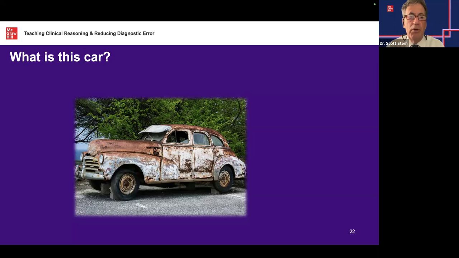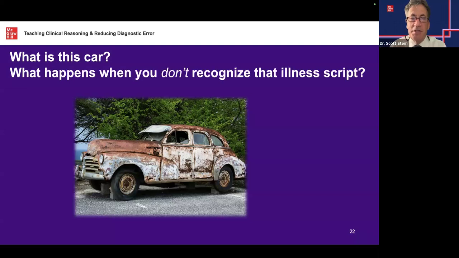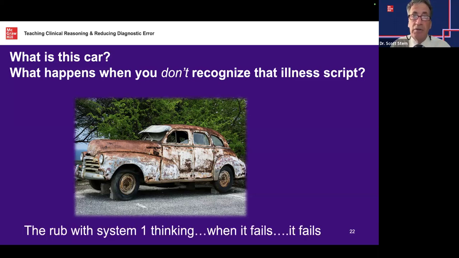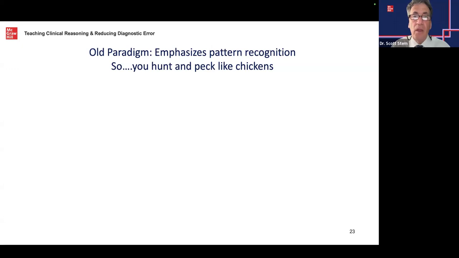Without a system for approaching it, you have no way to know what this car is or to make that diagnosis. So when you don't recognize that illness script, either because you haven't seen that disease before, or more commonly because the disease is presenting differently than you expected or than you've seen before, then you're going to fail. And when system one fails, it fails.